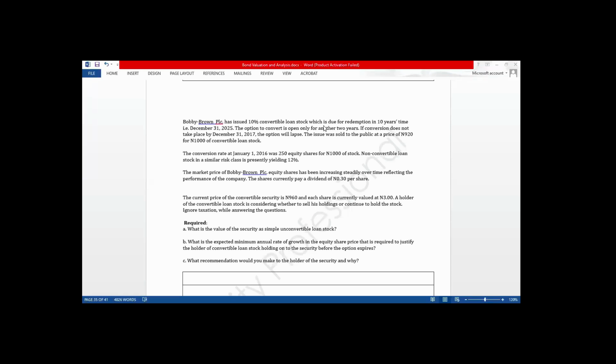If you are required to value a bond, you are going to ask yourself, what is the type of the bond I'm required to value? Remember, we have three types. You can have redeemable bond, irredeemable bond, or convertible bond.